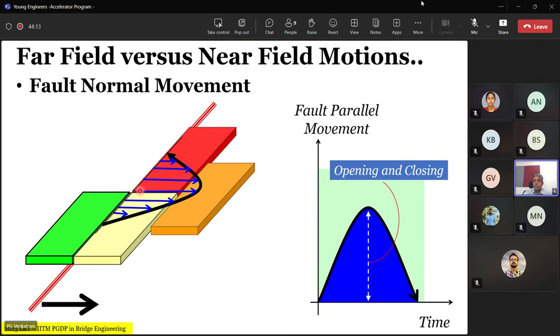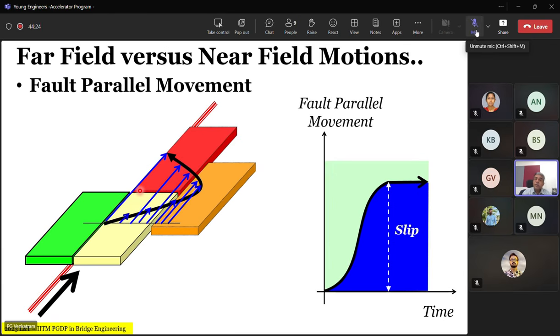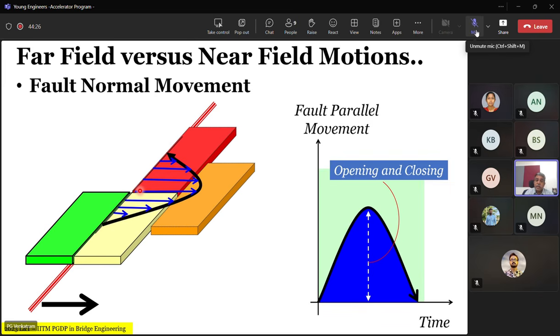Both of them take place, so don't think that only one will happen. Depending upon the location of the bridge, if your bridge is near a fault, then you may have a significant fault parallel movement to account for in your design. And if your bridge is far from the fault line, the far field will have significantly fault normal movement.